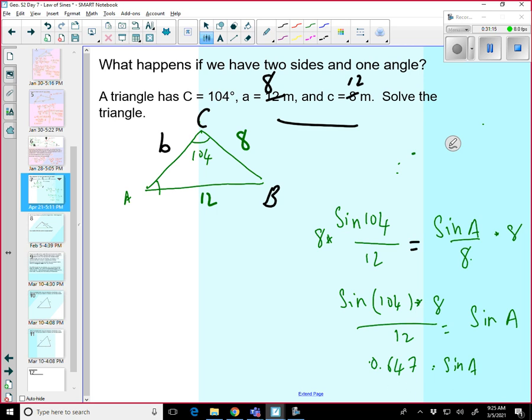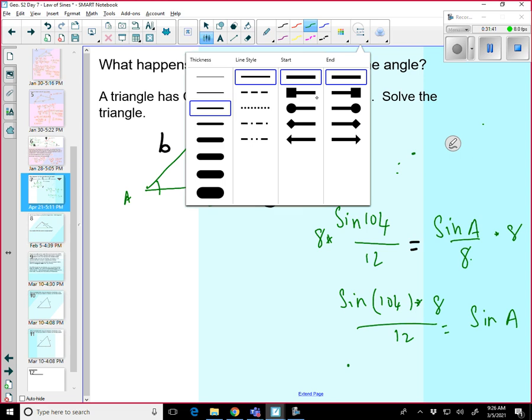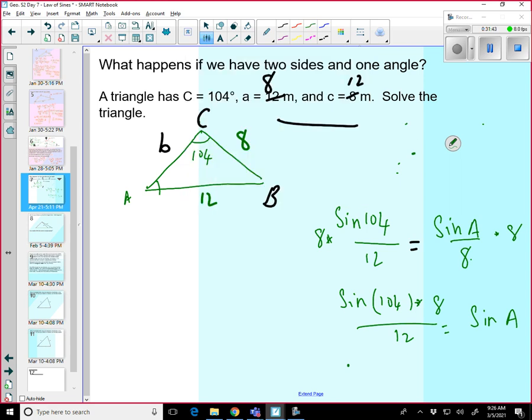So sine inverse of 0.647. Or you can keep the whole number itself. You don't have to round this whole thing, because you round only at the last step. So keep all the numbers that you had.